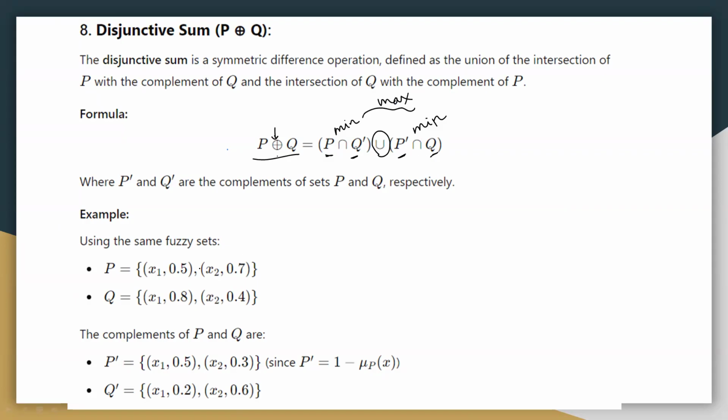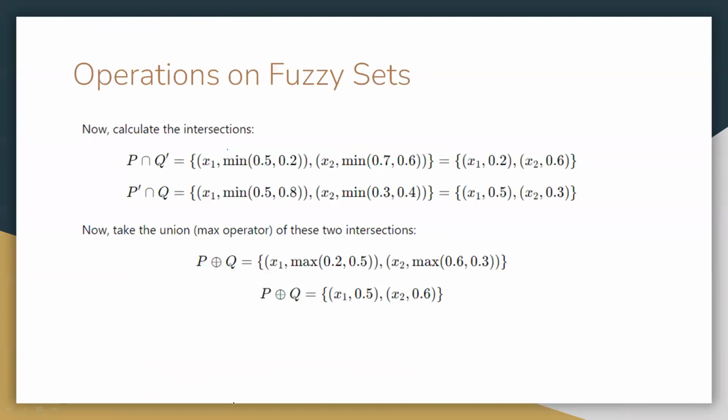That is how we do it. Say these are the sets P and Q. Now find the complement of each of them, P complement and Q complement. Take 1 minus 0.5, which is 0.5; 1 minus 0.7 is 0.3; 1 minus 0.8 is 0.2; 1 minus 0.4 is 0.6. This is the complement.